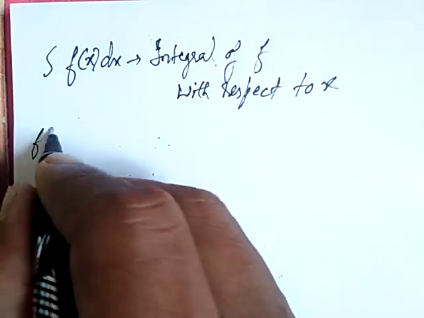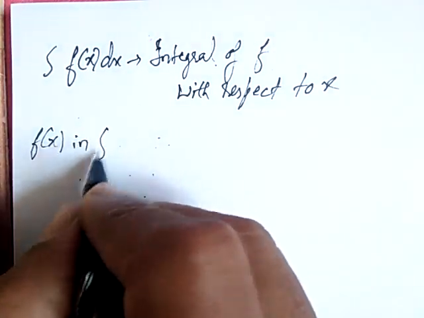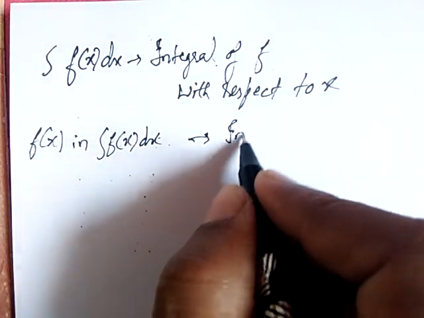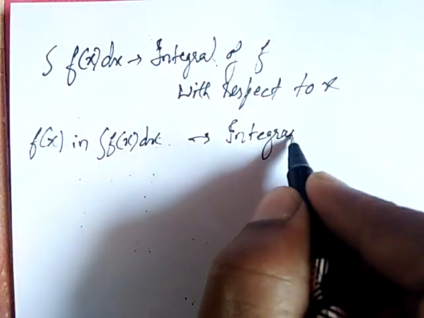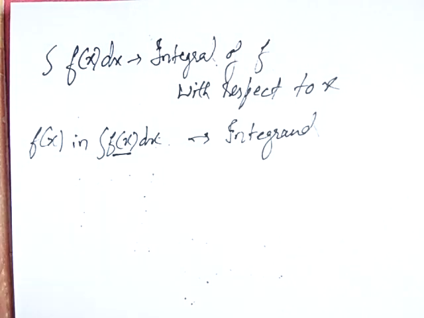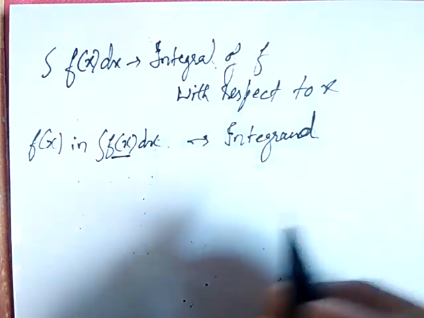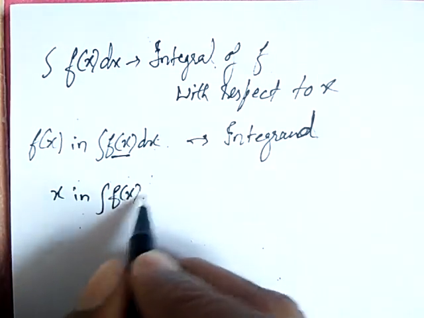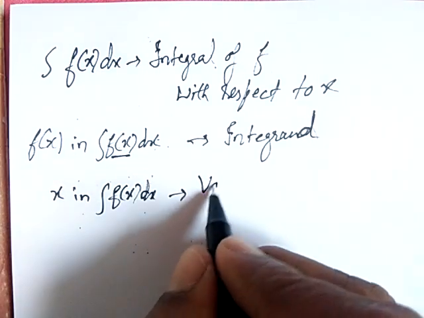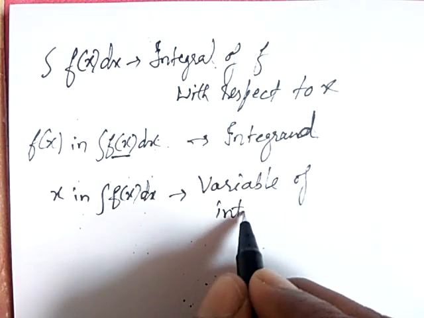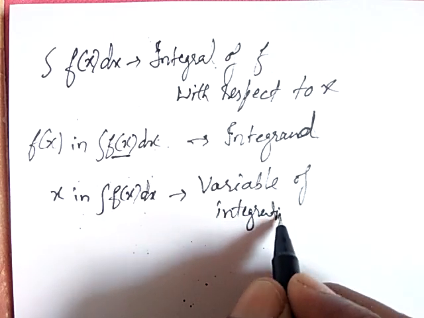In the integration of f of x dx, f of x is the integrand, you can say integrand. And x in the integration of f of x dx is the variable of integration, you can remember.